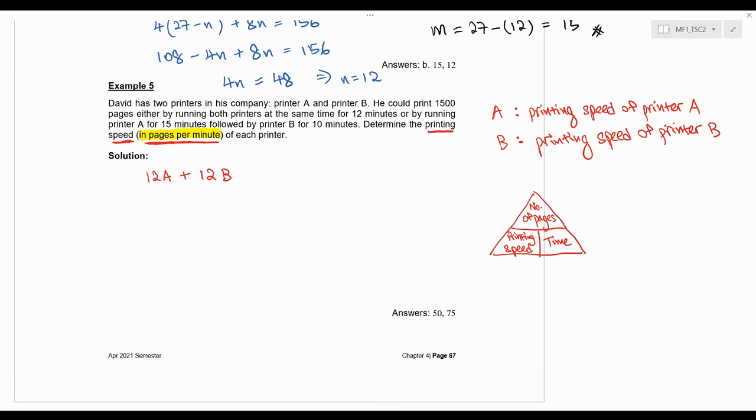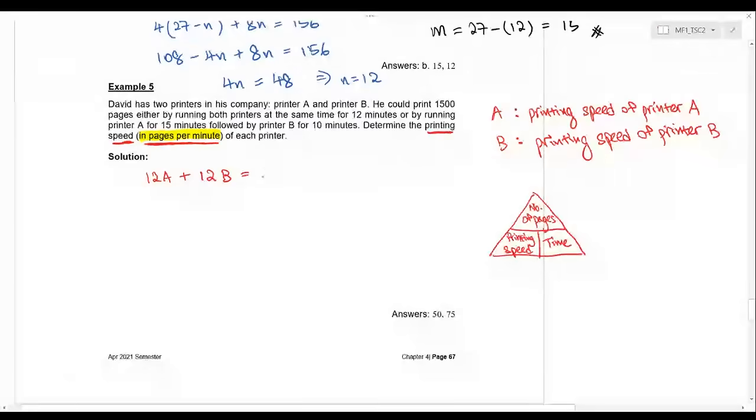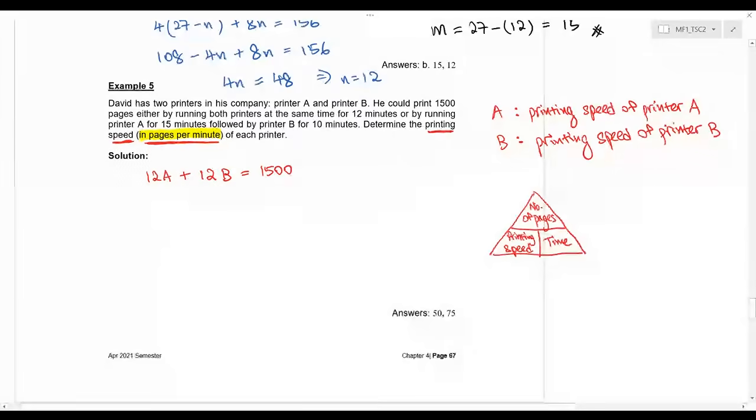That's the reason why we take 12, which is the time, multiplied by A, which is the printing speed of printer A. And do the same thing for B: 12 minutes multiplied by the printing speed of B. And that gives us the total number of pages of 1,500.